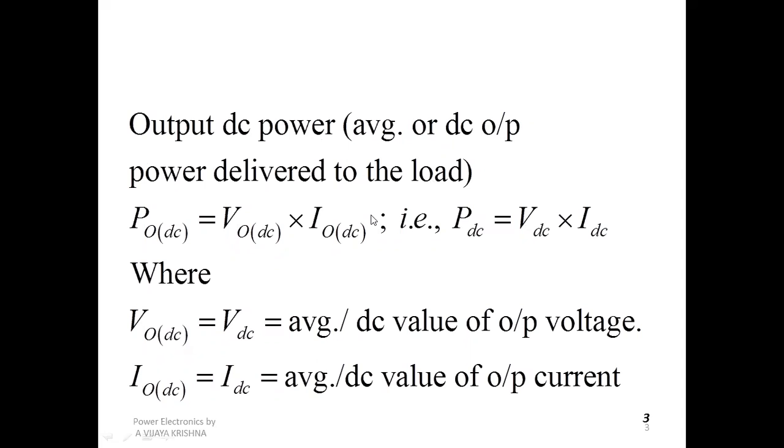This rectifier is an AC to DC converter: whenever we apply the AC input, the output is obtained as a DC value. That's why we call it the output DC power of average value.